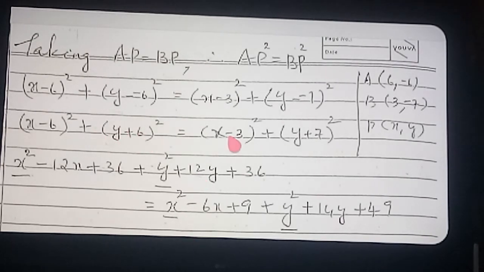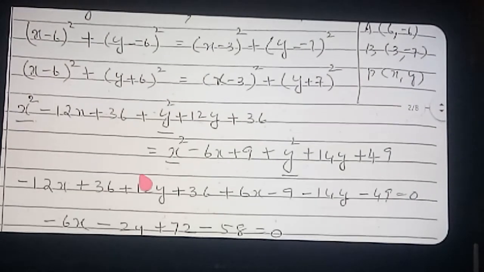On the RHS, x square minus 6x plus 9, here y square plus 14y plus 49. Here x square and x square, y square and y square: x square plus y square from the LHS and RHS will cancel. That is why I have already underlined them. The meaning is that the terms are cancelled.